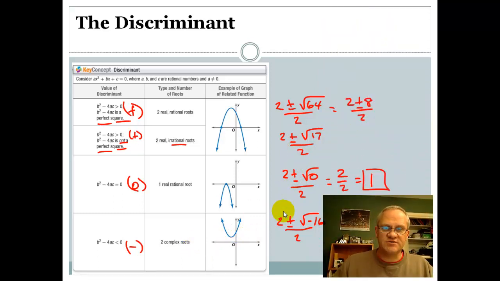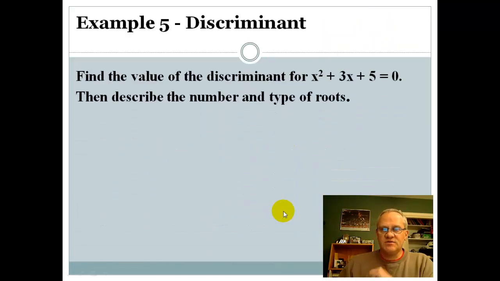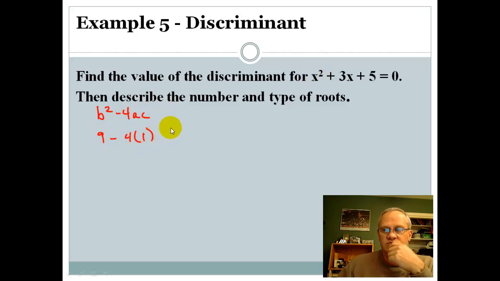Let's do a few examples. We're just doing the discriminant here, not working out the whole thing. So remember, that's just the b squared minus 4ac part. What's b? b is 3. 3 squared is 9 minus 4 times 1 times 5.